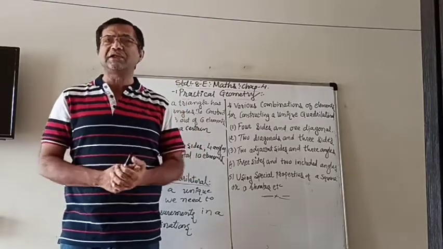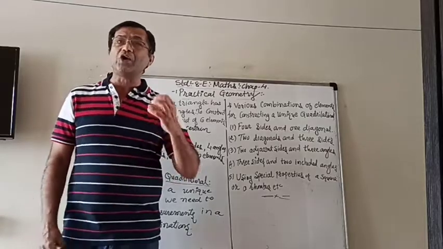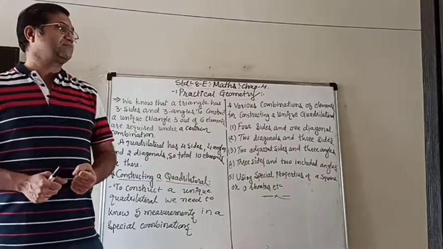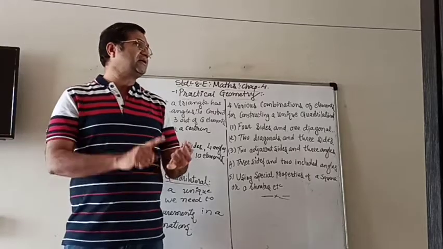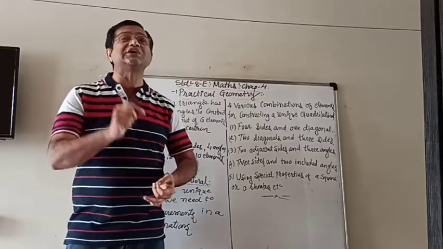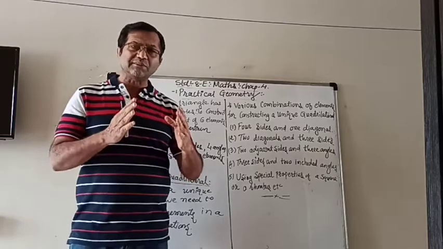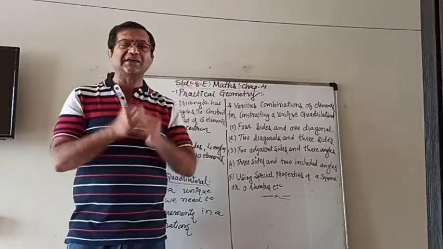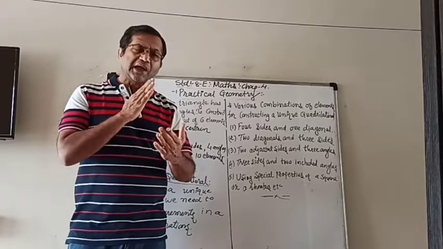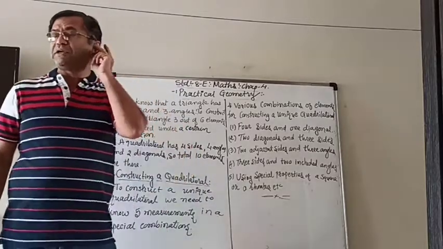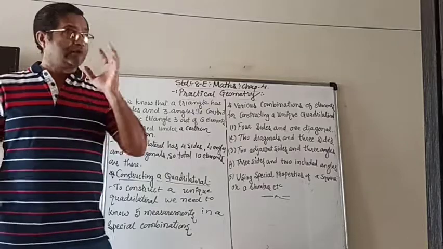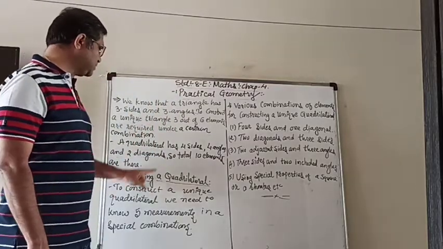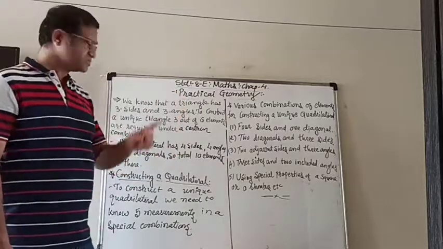Now here in quadrilateral, minimum how many elements should be given, so that a quadrilateral can be constructed uniquely. Uniquely means it must have the same design exactly. If anybody draws it, it should be the same. So here we have to learn about constructing a quadrilateral.